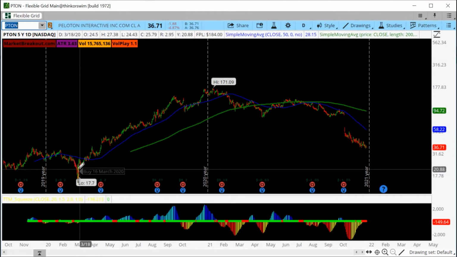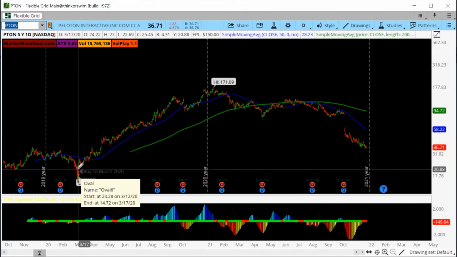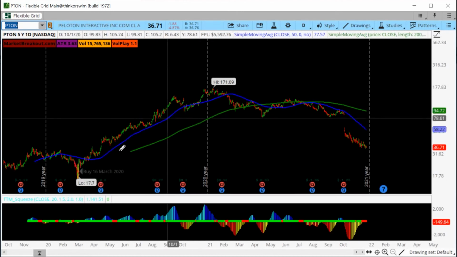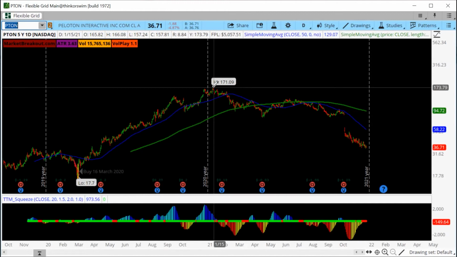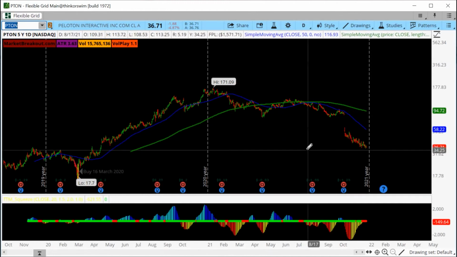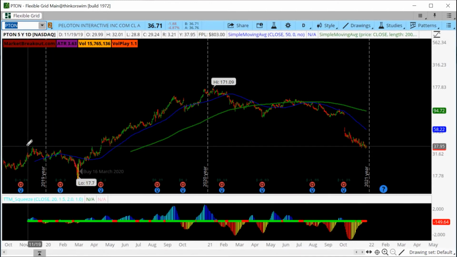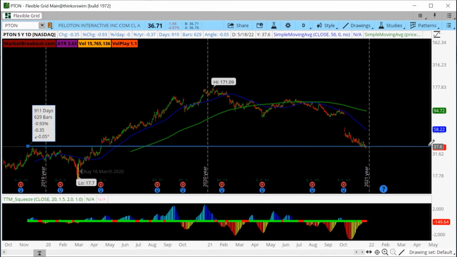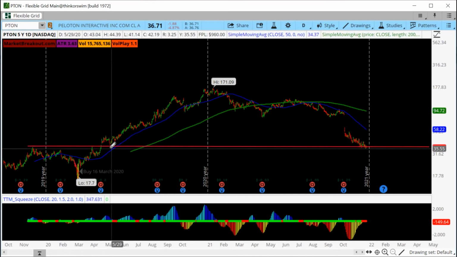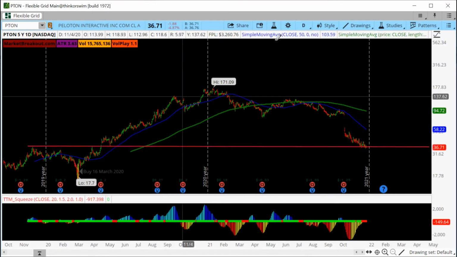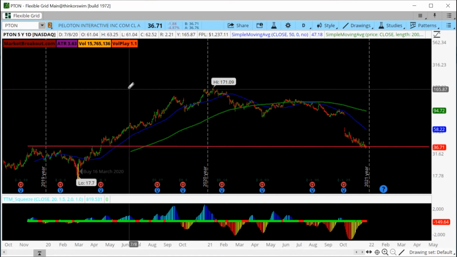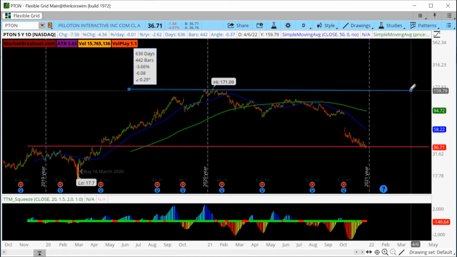Okay, then next we need to take a look at what's happening on the chart. Yeah, this was a good short squeeze, which started in March, and the stock moved to $171. And now we see where the stock is back to this level where we see a breakout.